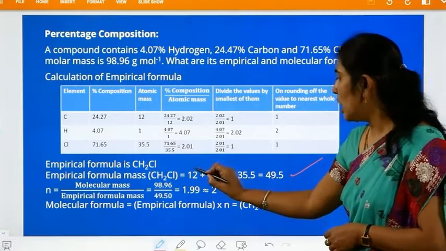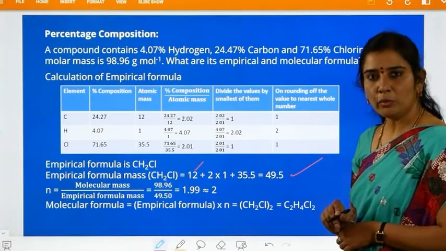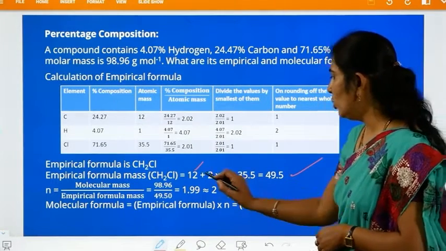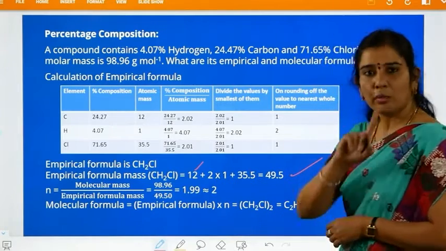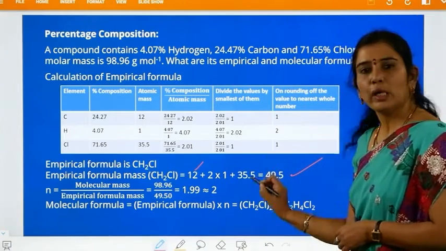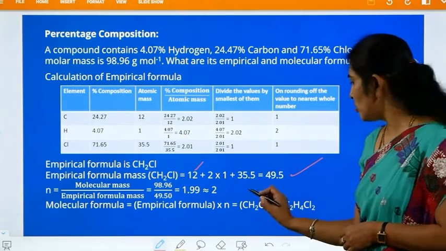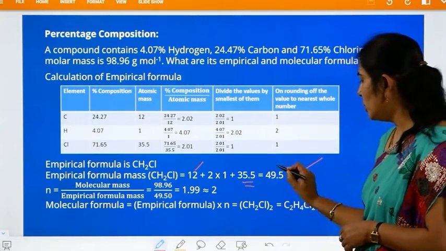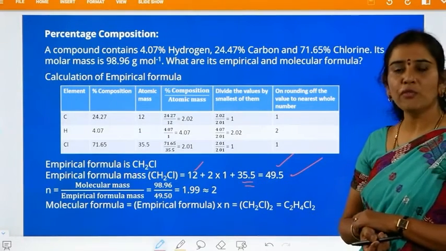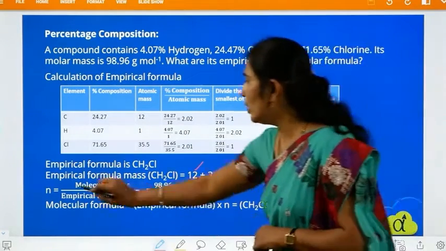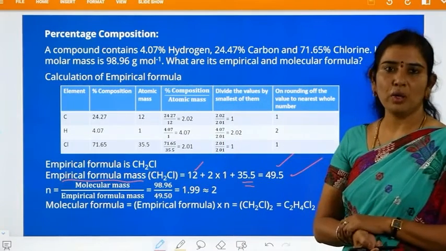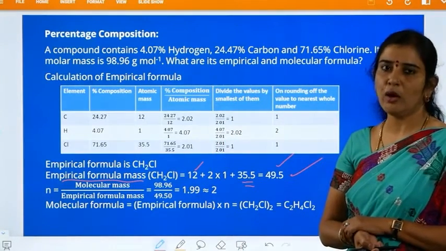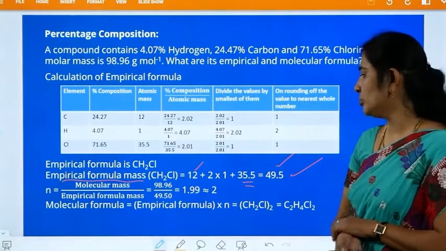Carbon's atomic mass is 12 and only 1 atom of carbon is present, 2 hydrogen atoms with atomic mass 1, and 1 chlorine atom with atomic mass 35.5. After simplification, you will get 49.5. What is that 49.5? It is the empirical formula mass for the given compound CH2Cl.